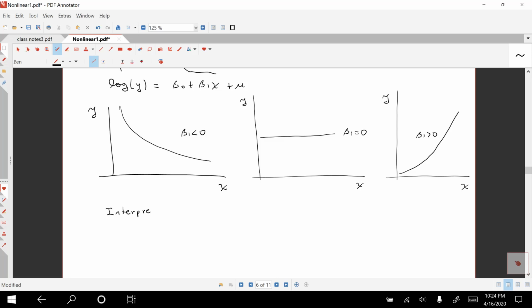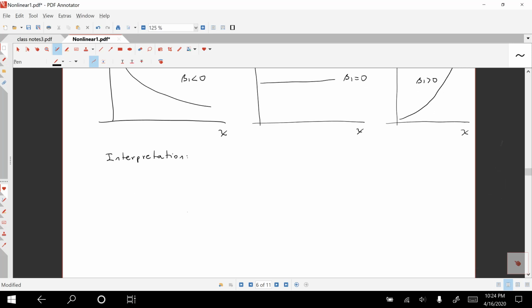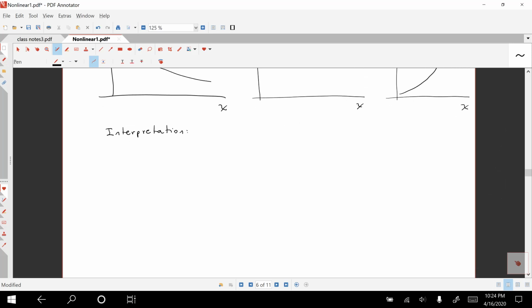So, interpretation. This is the way that we're going to interpret beta 1. We will say that a 1 unit change in x changes y by approximately beta 1 times 100%.